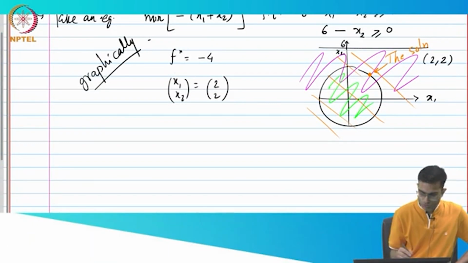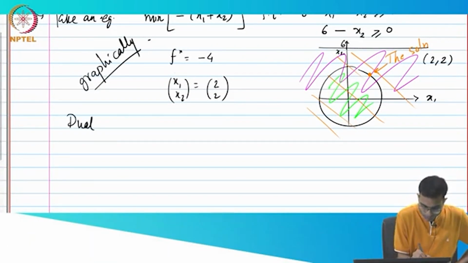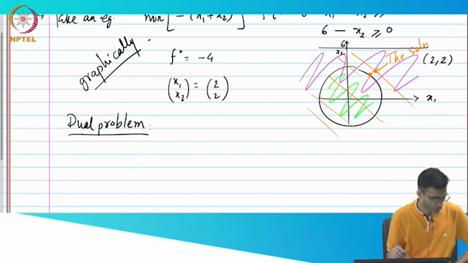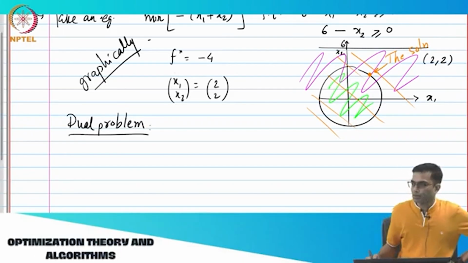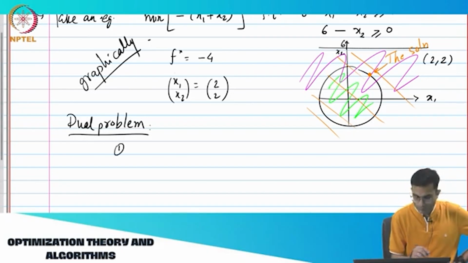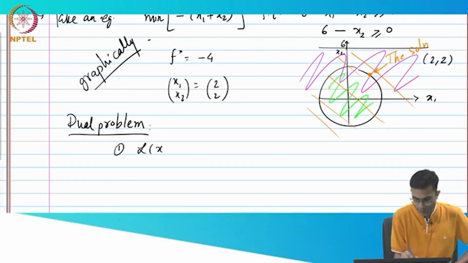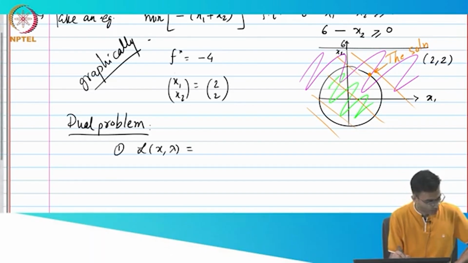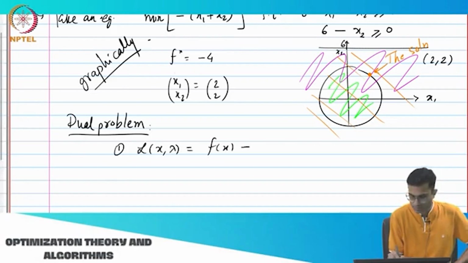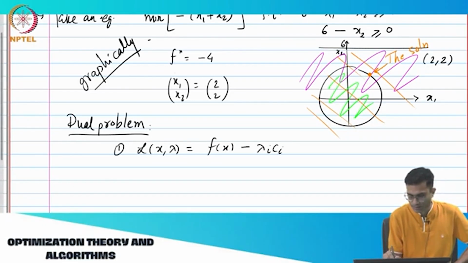Okay, so now let's solve the dual problem. Two-step process. So first step, I need to first form the Lagrangian, right? So Lagrangian of x comma lambda is equal to f of x minus the summation of lambda i ci.